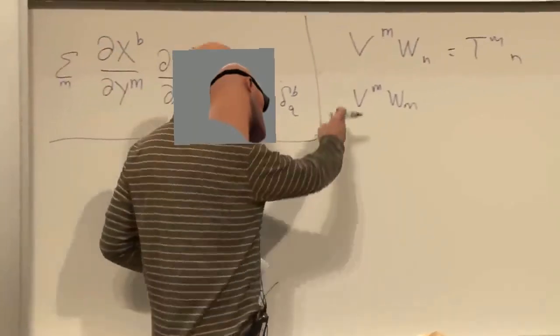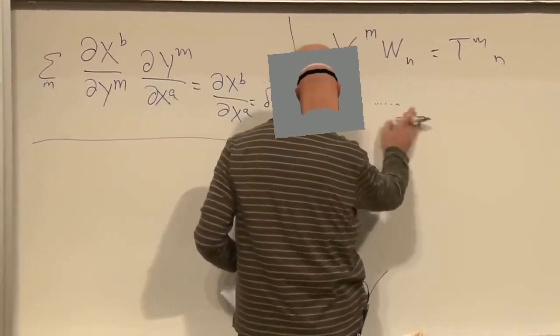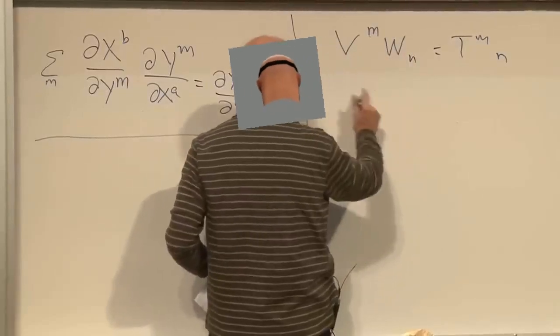All right, so first let's write down the transformation properties before we set the indices equal to each other.